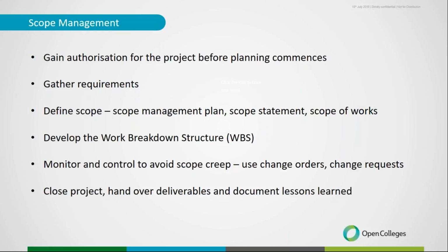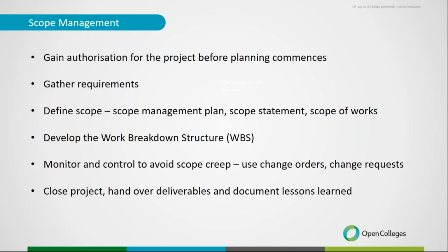And then at the end, of course, you'll close the project. Handing over the deliverables and documenting your lessons learned are all part of scope management as well. So it takes it right from the beginning planning stage through the monitoring and controlling of what's going on when the work is being done, to the very end when you actually hand those over, make sure that they meet the requirements, and then we move on.